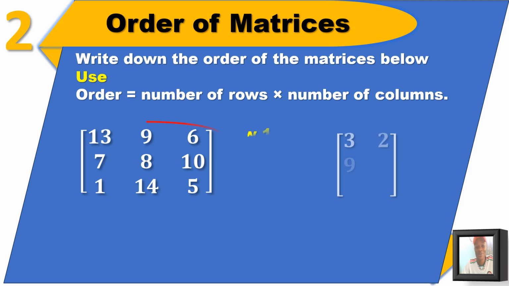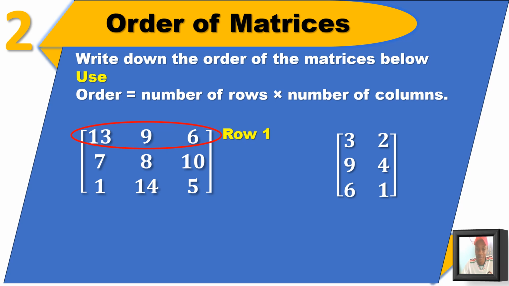Let me do the first row for you, as a hint. Once you get it, I'm going to give the answer: 1 by 2. The first one, you should have gotten it. So easy. What about the second one?